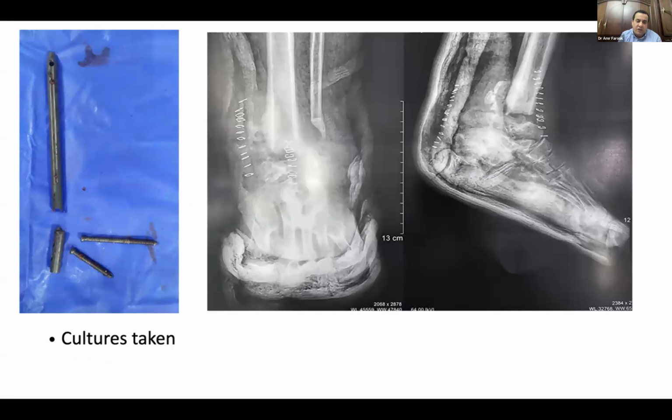Again, everything was taken out and cultures were taken, and we couldn't do much more fixation in this step due to infection.